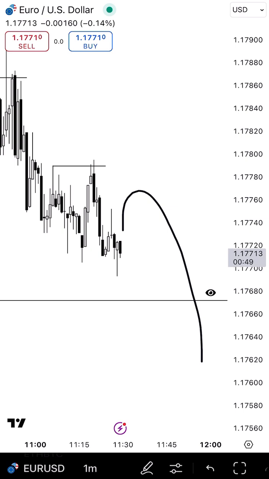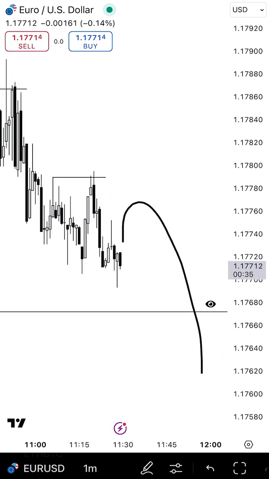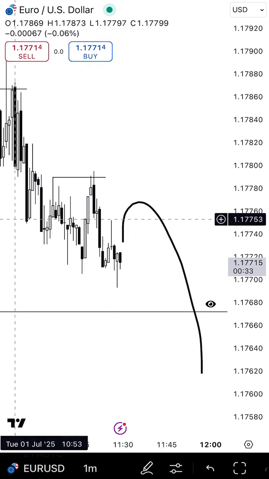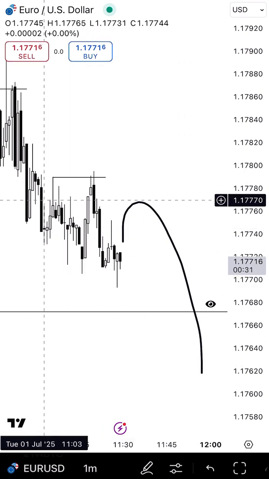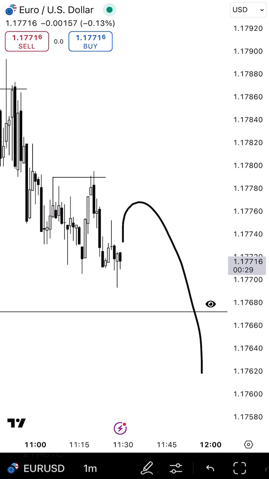When you frame a target, before reaching that target, it is guaranteed, it is written, it is destiny that there's going to be a kiss of death turtle soup somewhere along the way down, right? And that is going to be discussed in detail in episode 2 of CRT Secrets.